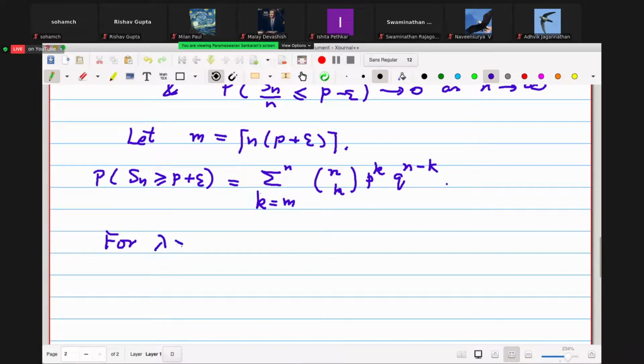So for lambda positive, we have, what is that inequality? Let me write that. Yeah, so e power lambda k is bigger than or equal to e power lambda n times p plus epsilon, if k is bigger than or equal to m.